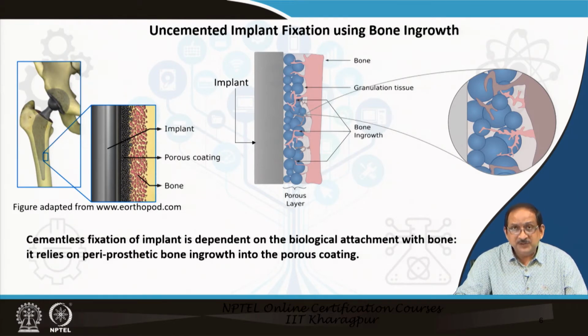The implant is usually provided with a porous coating to enable implant fixation using bone ingrowth in the case of uncemented implants. Now, as you can see in the slide, bone grows into the porous structure and creates a mechanical interlocking, thus helping to secure fixation of the implant within the host bone.